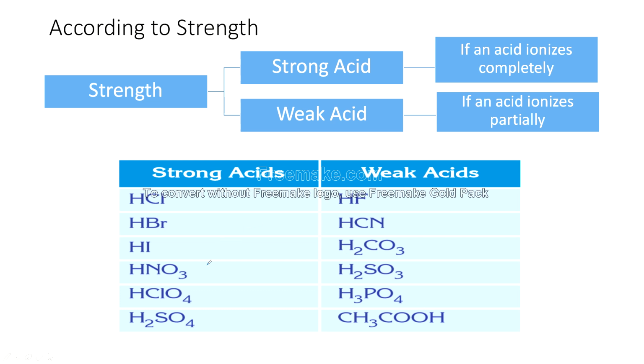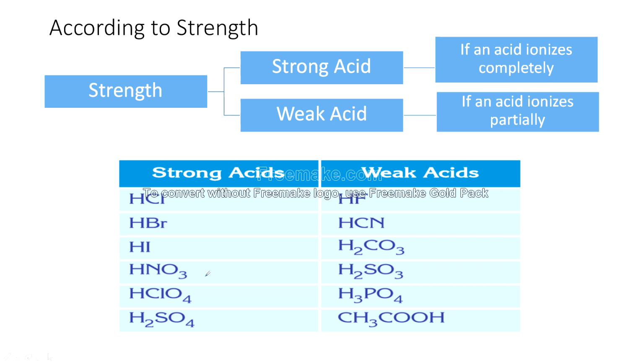As we can see, if we try to ionize HNO3 or nitric acid, we are going to have the hydrogen ion and the nitrate ion. It completely dissociates into positive and negative charge.